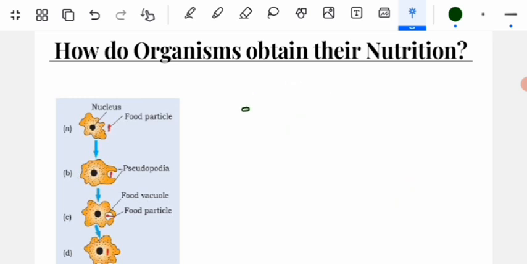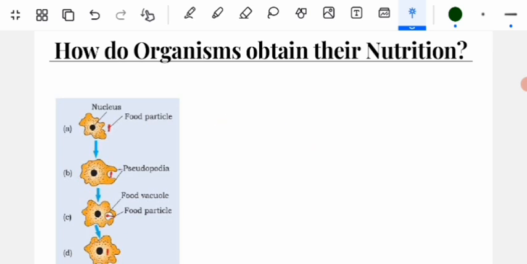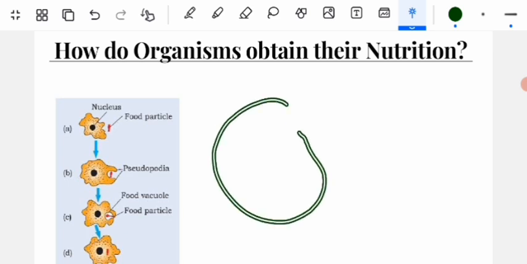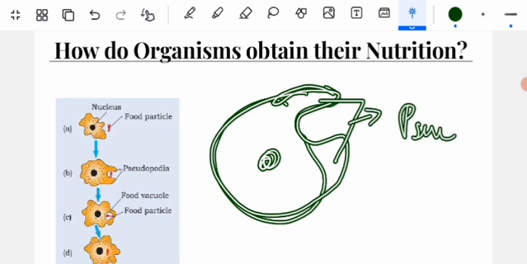When it sees the food, यहाँ पर एक food particle है, it sees like I wanna eat it, so it will work so hard that it will make its feet also. We call that feet, like ऐसा कुछ होता है amoeba, and this feet we call pseudopodia, means false feet, pseudopodia.